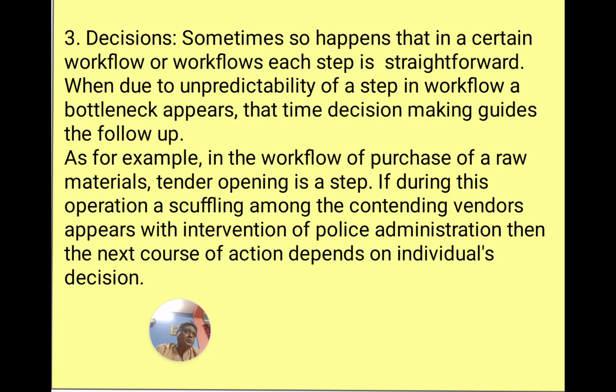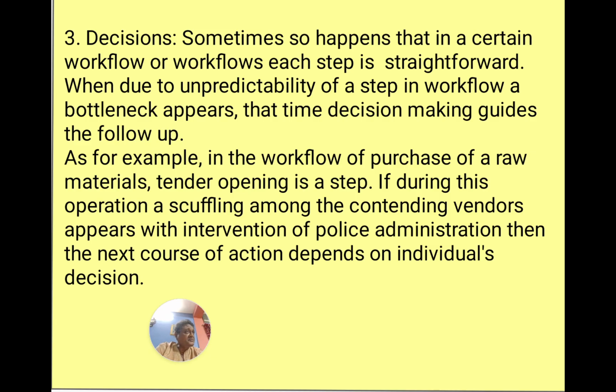The shop floor manager tries first, in the first place, to recover or to overcome this bottleneck and allow the workflow to move on smoothly. But the bottleneck could not be overcome by the shop floor manager. Then the shop floor senior manager tries to overcome that bottleneck.